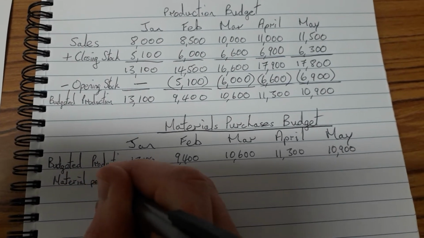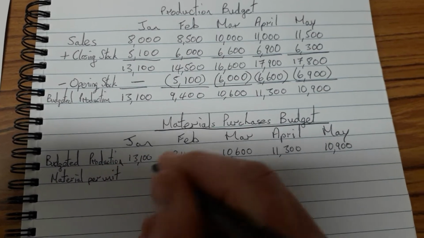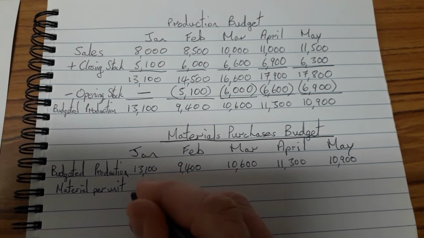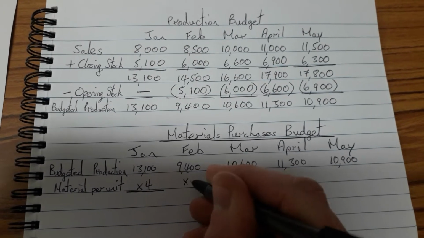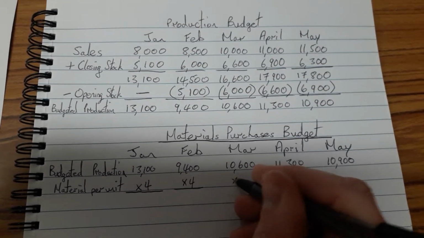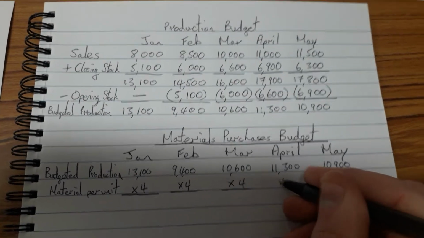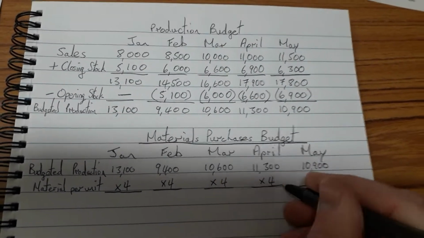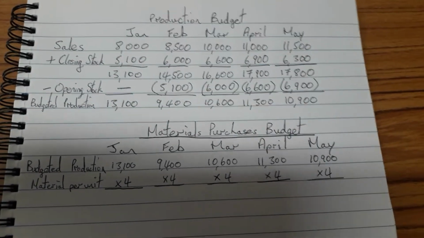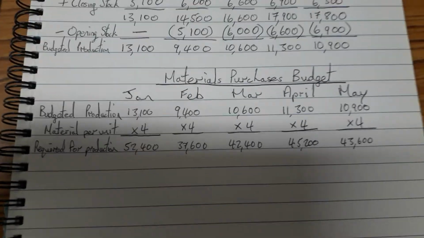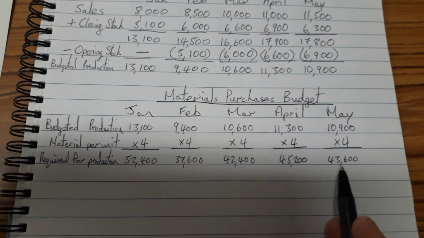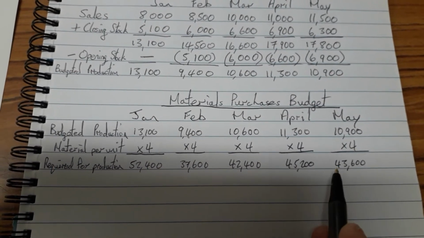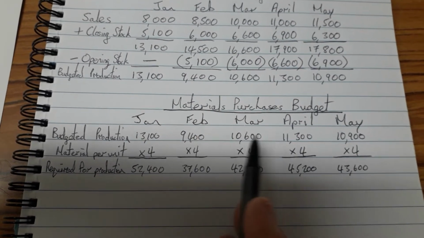If this is a number of units and each of them takes 4 kilograms of material, we multiply them each by 4. I'm going to pause for a second and fill in what those multiplications are. Okay, so I filled in those totals there and I just called it required for production. That's the materials that we require to produce this number of units each month.